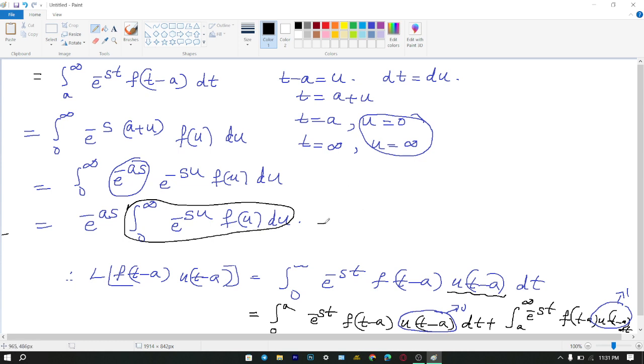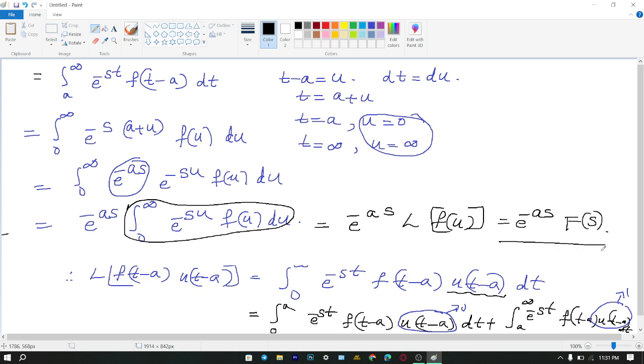So this is equal to e raised to minus as into L of f of u, which is the same as e raised to minus as into f of s. So this is the second shifting theorem.